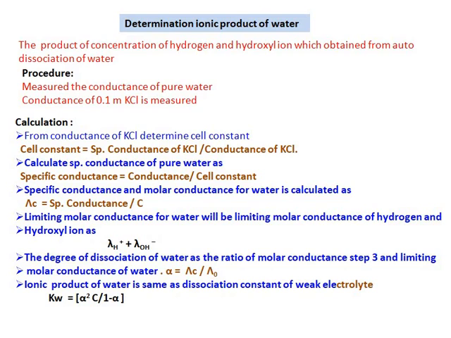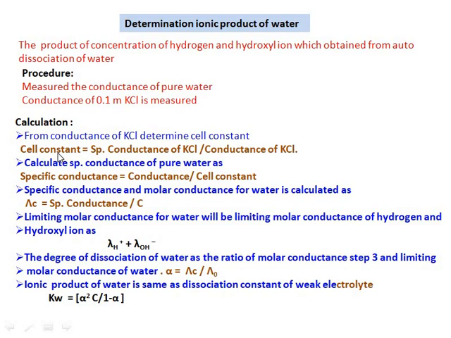From the conductance of the KCl solution, the cell constant is equal to the specific conductance of KCl upon the conductance of KCl.